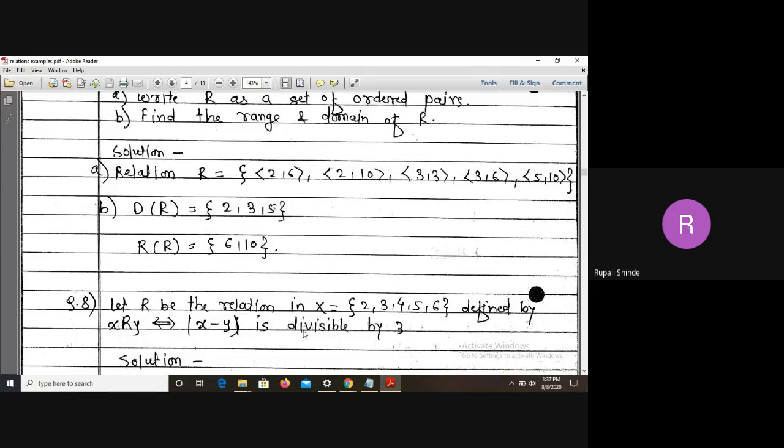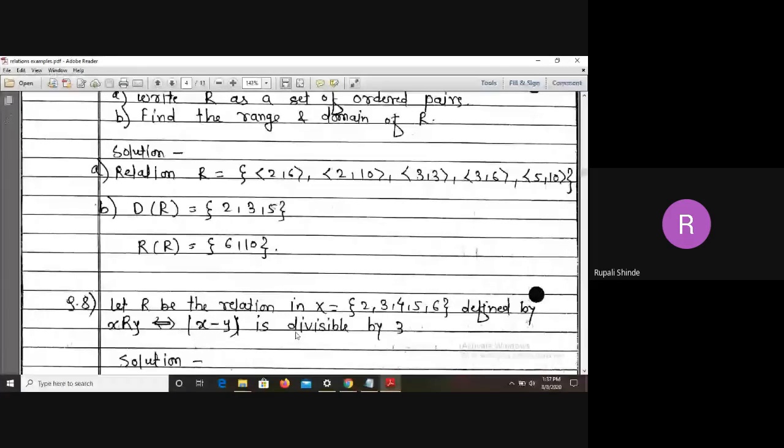So we have to include such order pairs in relation R, those for which X minus Y is divisible by 3. Now check in set X, 5 elements are there, and from these elements we have to construct a relation R satisfying the condition X minus Y is divisible by 3.